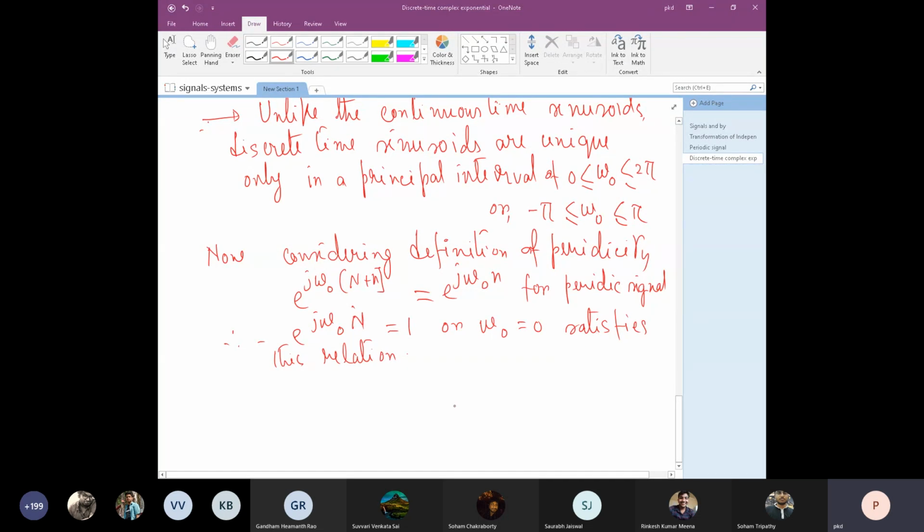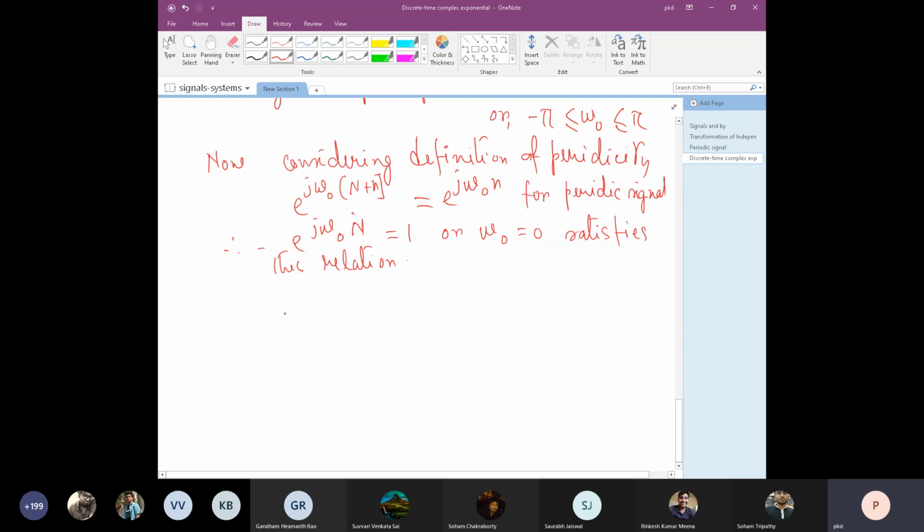Now exponential of j omega naught N equal to 1.